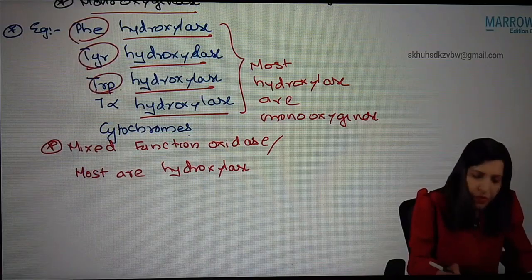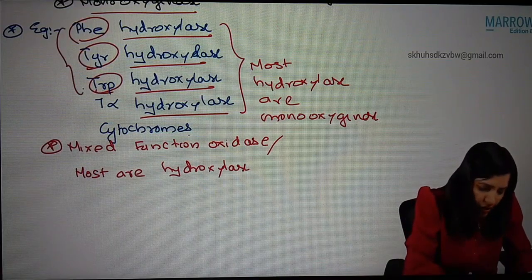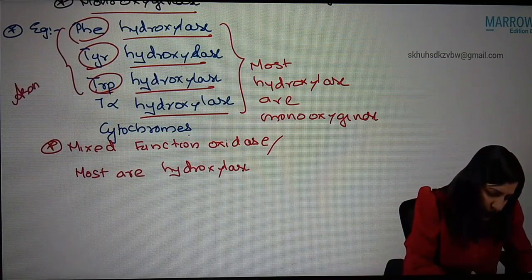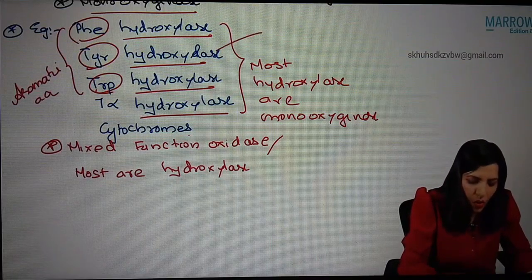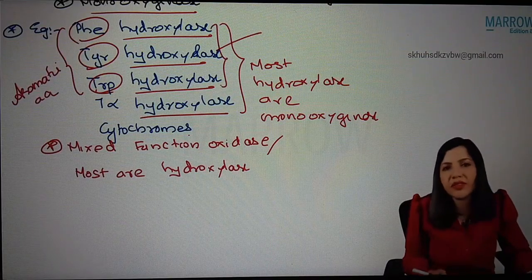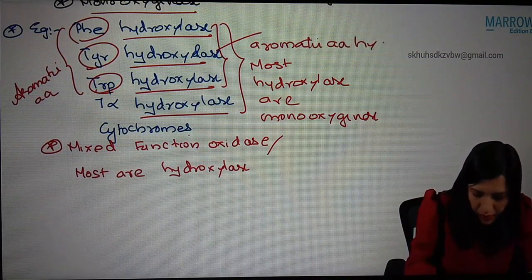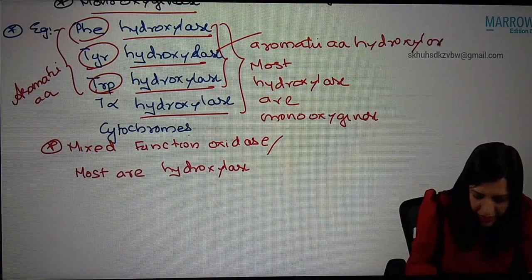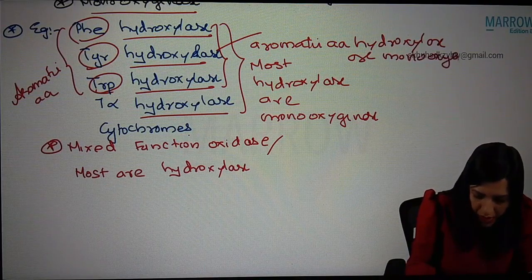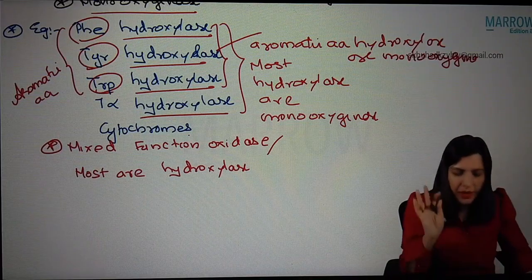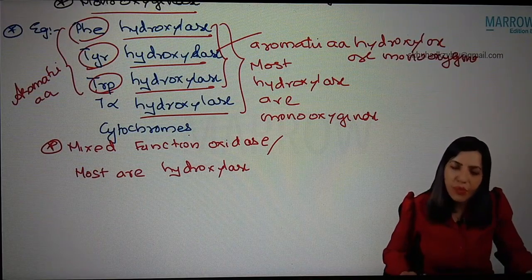Phenylalanine, tyrosine, and tryptophan are aromatic amino acids, so we can learn that all aromatic amino acid hydroxylases are monooxygenases.